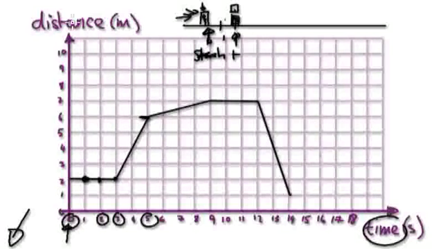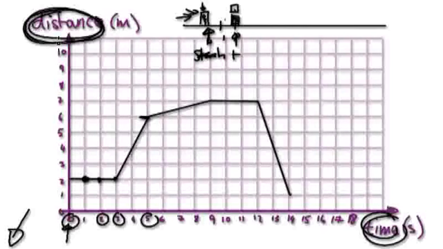Because we are looking at the distance time graph, you always have to zoom into what's going on here. We are talking about distance. At time equals 5, you are 6 meters away. So this is 0, 1, 2, 3, 4, 5, 6.